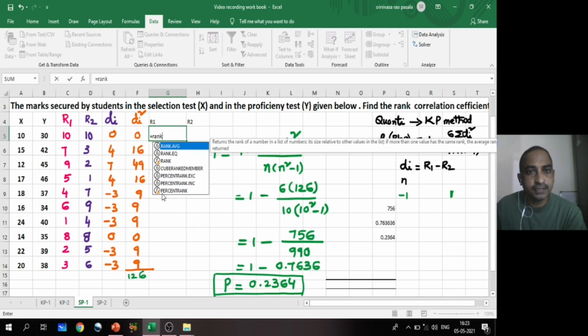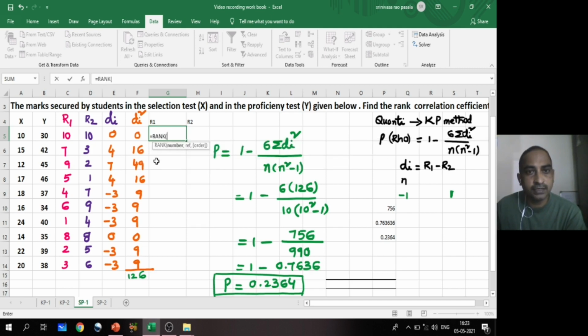Here so many functions are there. You have to select this function, double click. Here it asks for a number, reference, order: which number you need to rank. So that is this cell. Just select the cell, comma, the reference is nothing but all these cells, comma, and order means you have to give descending or ascending order.